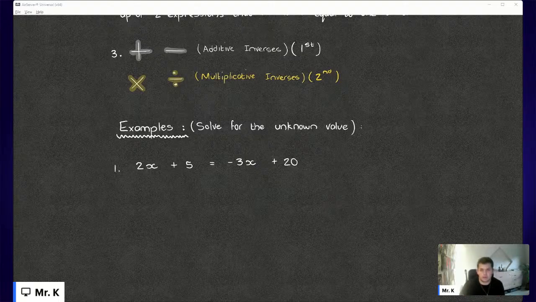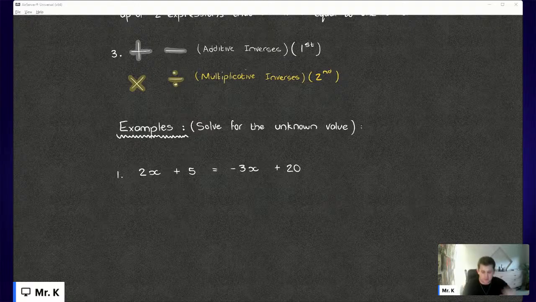You can word it how you like. So if I'm given 2x plus 5 is equal to negative 3x plus 20, let's just quickly get a game plan together for ourselves because that's really important.